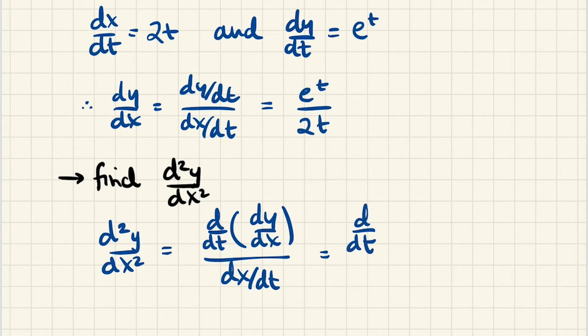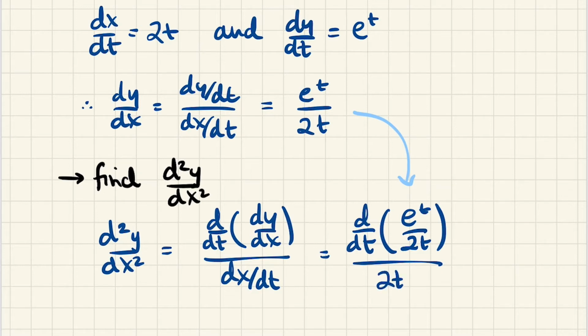So derivative with respect to t of dy dx, so that's e to the t over 2t. And over dx dt, which we know is 2t. Okay, so we just have to actually work out this derivative in the numerator, which itself requires the quotient rule, so we're going to have kind of a fractional mess to deal with, but at least we know how to deal with that. So let's go and do that.